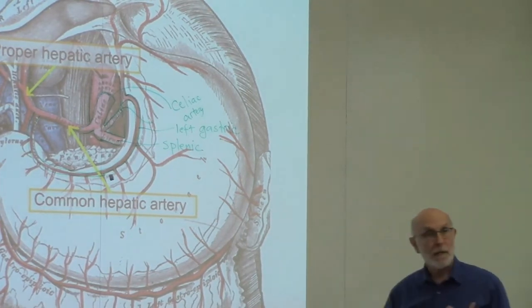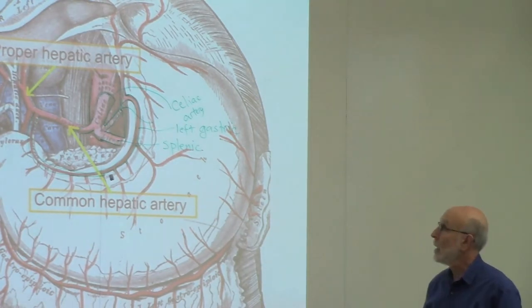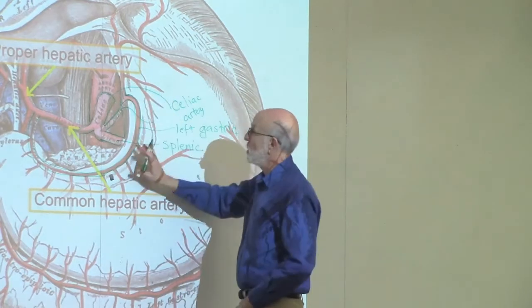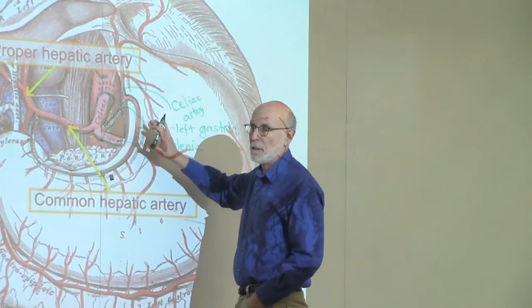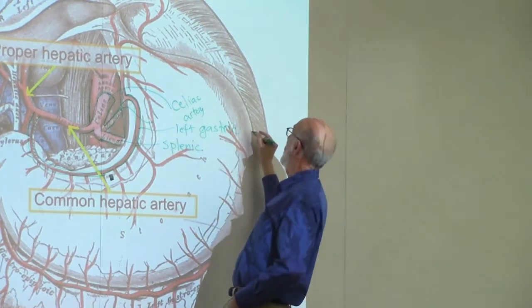So the arterial blood that feeds the stomach, at least near the fundus, especially on the left, on the lesser curvature side, is fed by the left gastric artery.